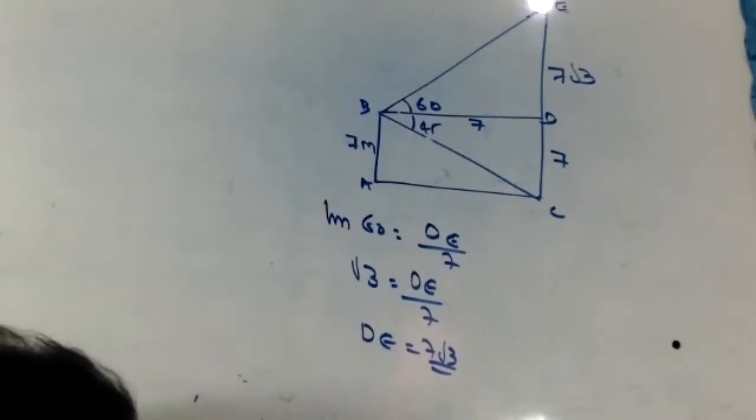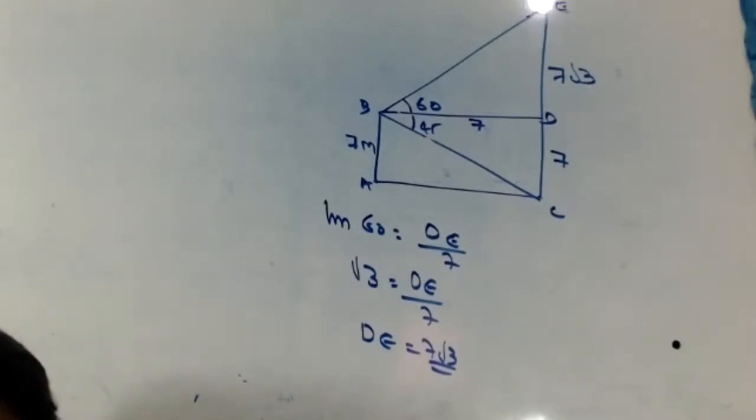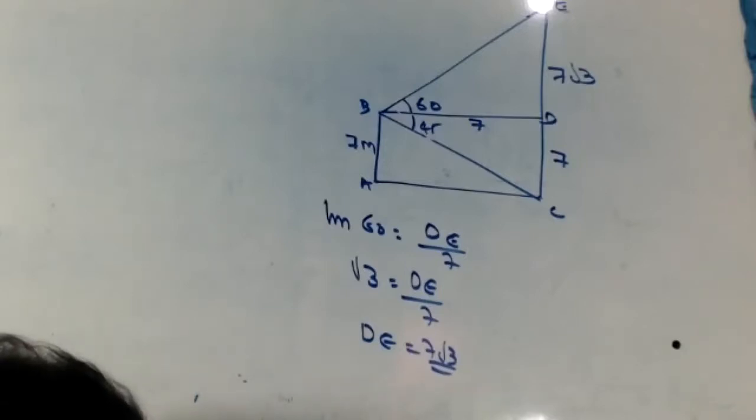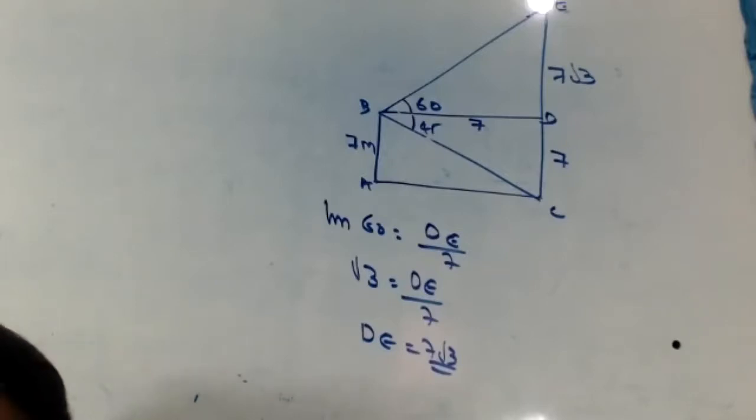As observed from the top of a 75-meter high lighthouse from the sea level, the angle of depression of two ships are 30 degree and 45 degree.